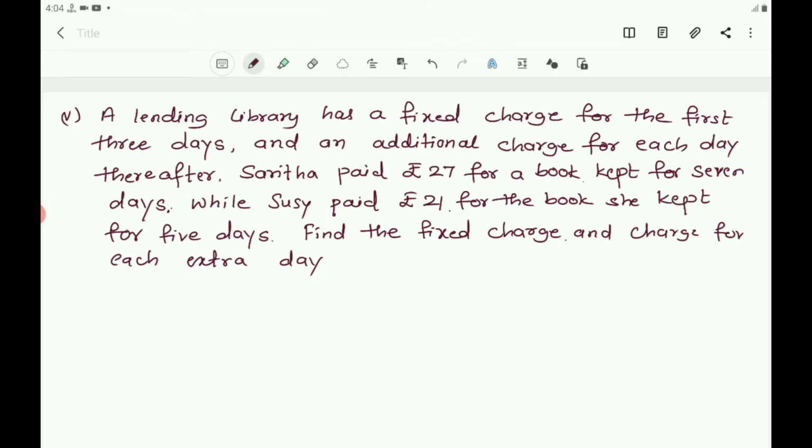Find the fixed charge and charge for each extra day. So here let us take the fixed charge as X rupees and charge for each extra day as Y rupees. I have the solution here.